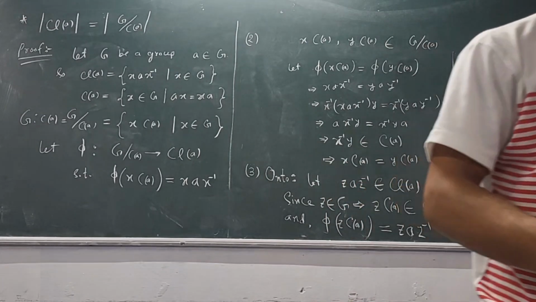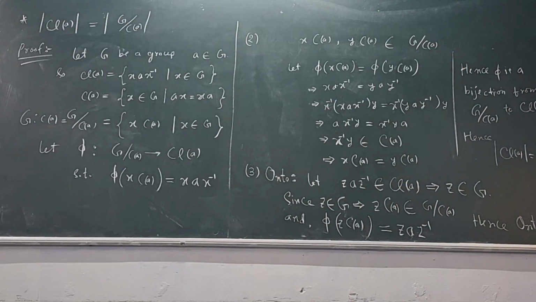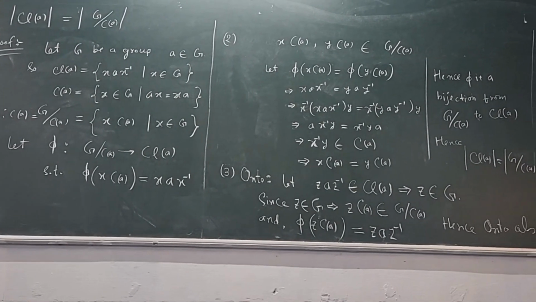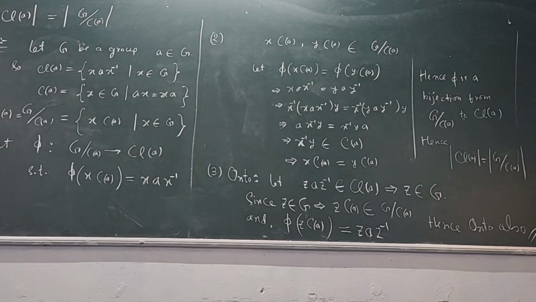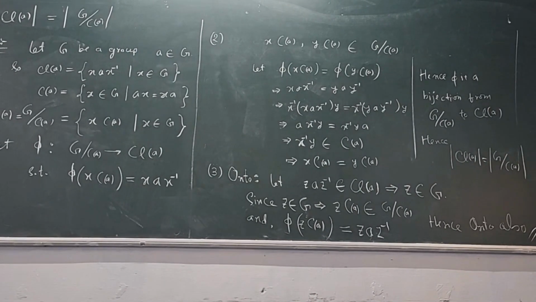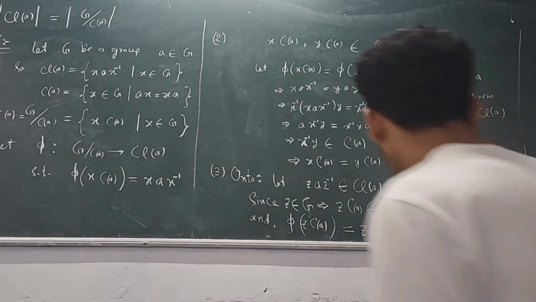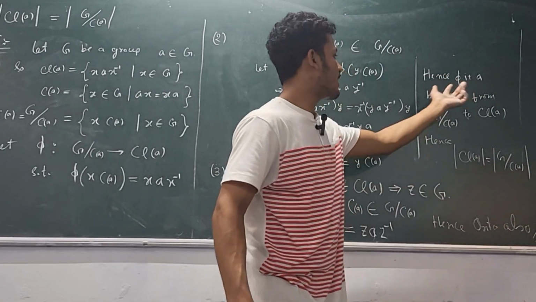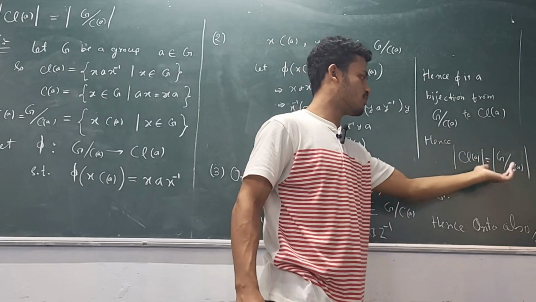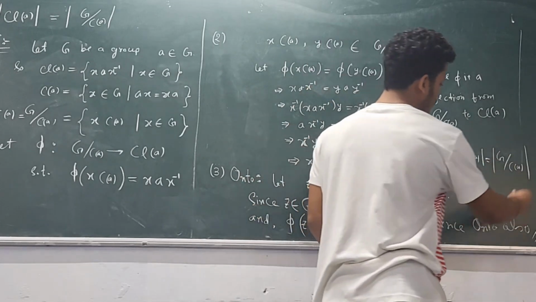Is it visible? Hence phi is a bijection from this to this, hence the order of C(a) is equal to this. So here your proof is complete.